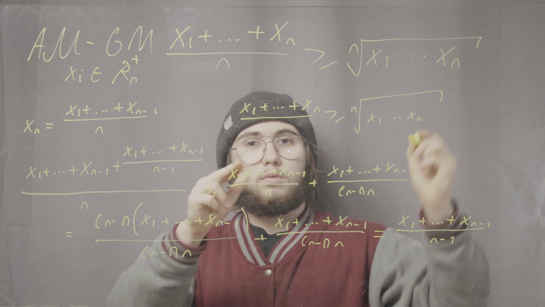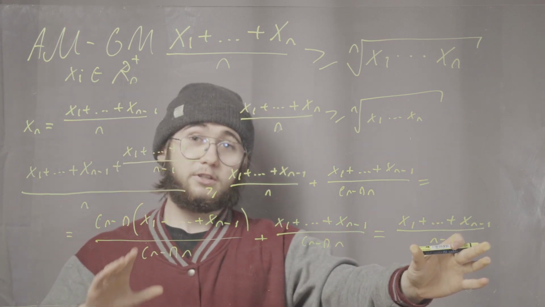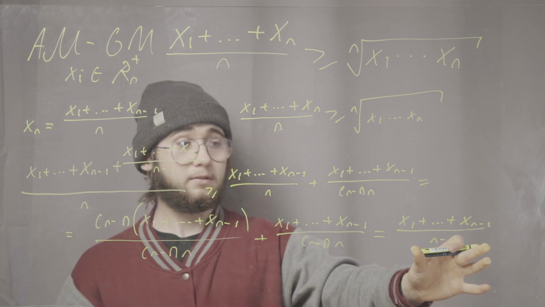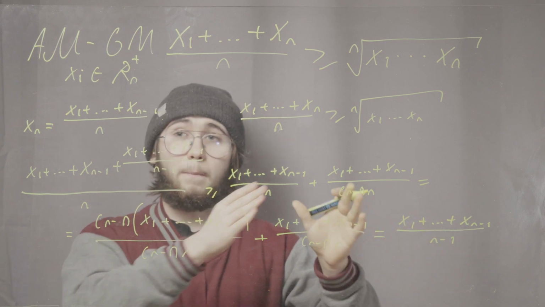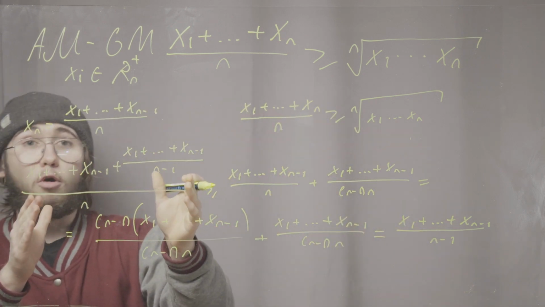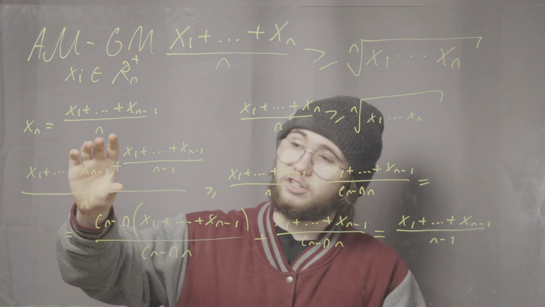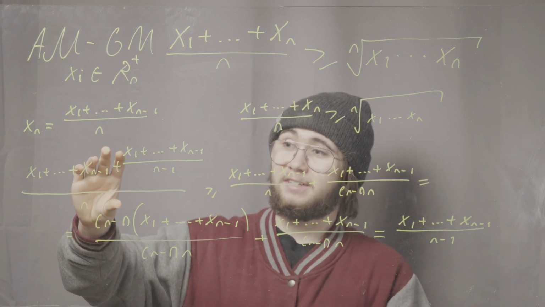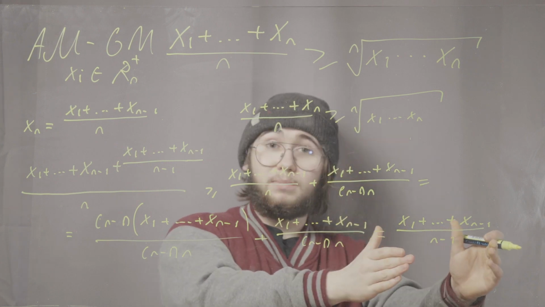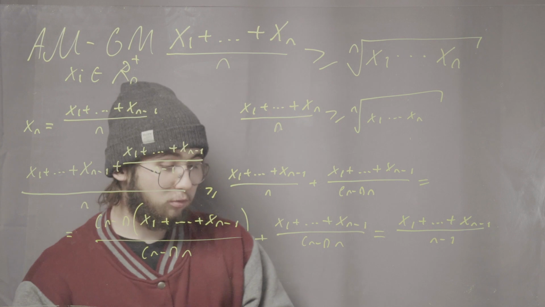But what's awesome here? This is an arithmetic mean of n minus 1 real numbers. But what is it equal to? It's equal to the arithmetic mean of n numbers, not n minus 1, n numbers. And so we can say that this stuff right here, which is equal to the arithmetic mean of n minus 1 things, will satisfy the assumption we made earlier.